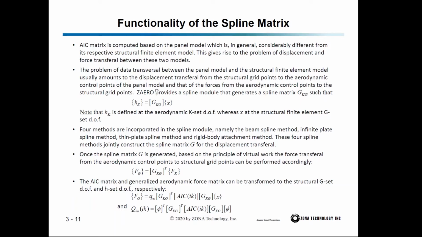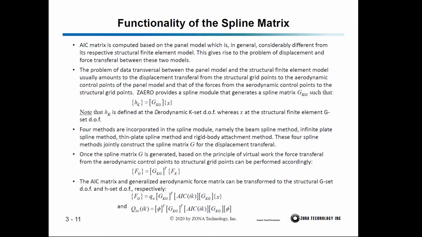And after the aerodynamic method computes the aerodynamic forces on the panel model, we need to transfer those forces from the aerodynamic model to the structural grid. So ZAERO provides a spline module that generates a spline matrix we call G sub kg.